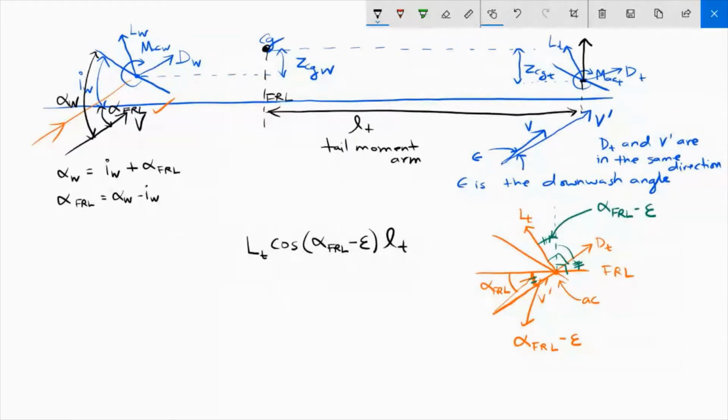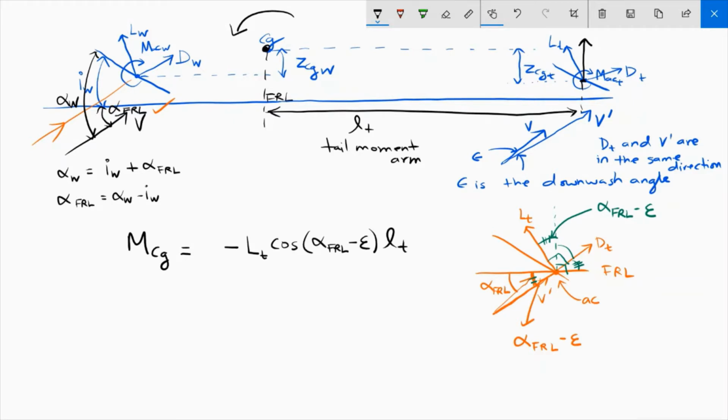Now we have to think how this moment is going to rotate the aircraft. You can see from the sketch here that this vertically upward pointing force will turn the aircraft downward. That's a negative moment, so this will give a negative contribution. And what about the effect of the horizontal component of the lift force?